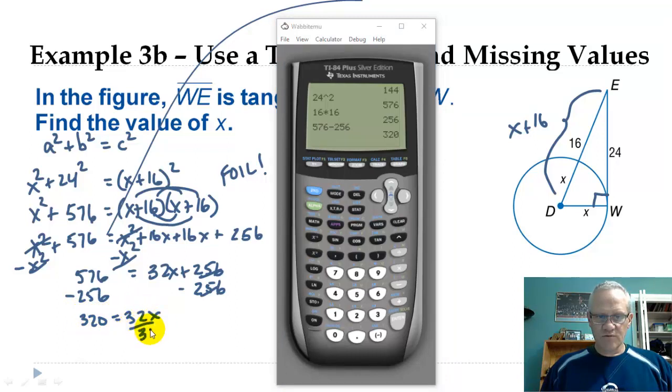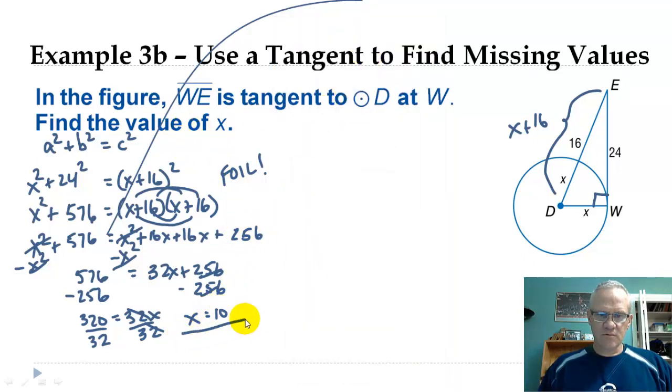Divide by 32. And we got x would be what? This is, there we go, 10. And that's what we were trying to find, was the value of 10 there. And so x is 10.